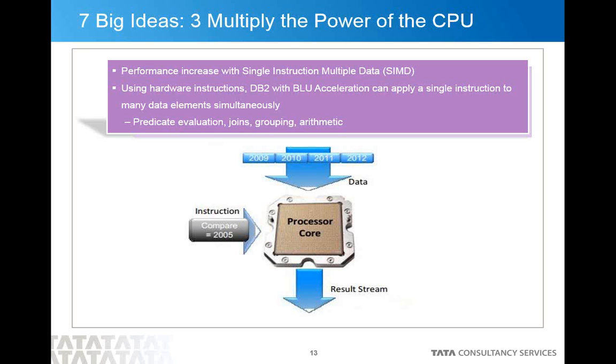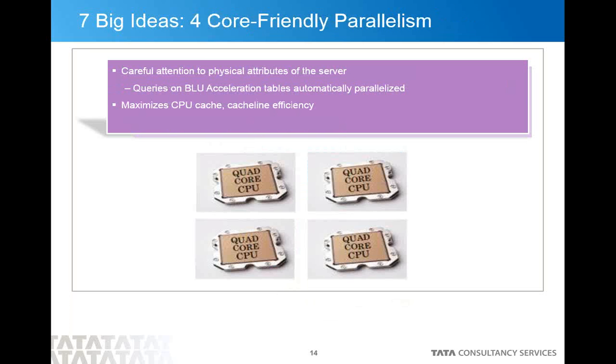Now, moving on to the next slide, the next big idea is core-friendly parallelism. Core-friendly parallelism is a very powerful idea. DB2 BLU leverages the processing cores that are available on a server. For BLU acceleration, main memory access is too slow.